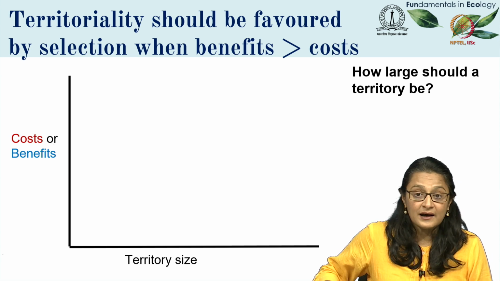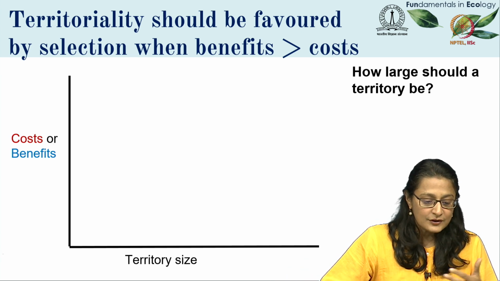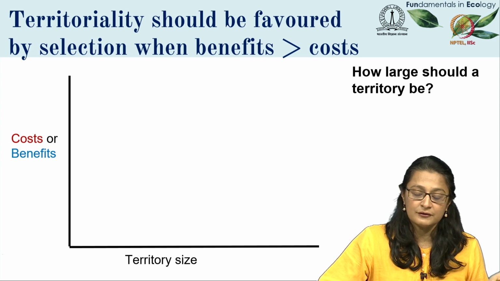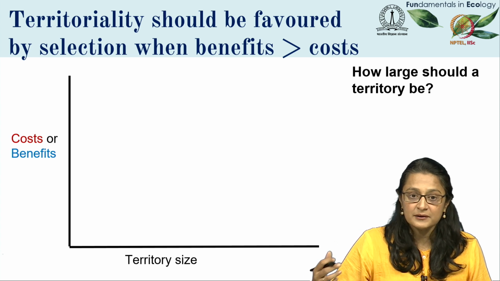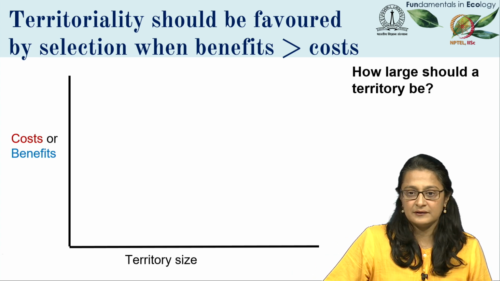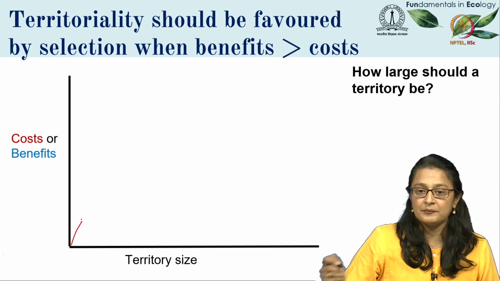So now the question to ask is, how large should a territory be? Imagine on the x-axis is territory size that can vary from very small to very large, and the y-axis can either be the benefits or the costs. Let's think about how we draw benefits first. A small territory would give some benefits.